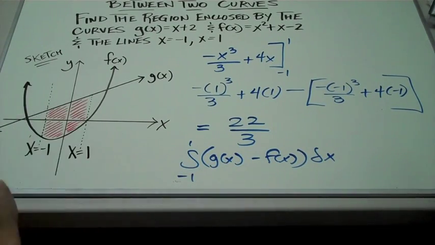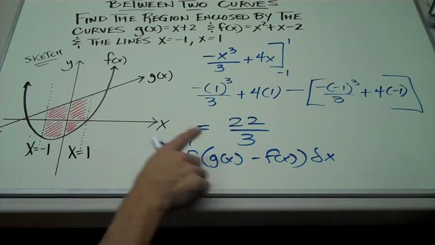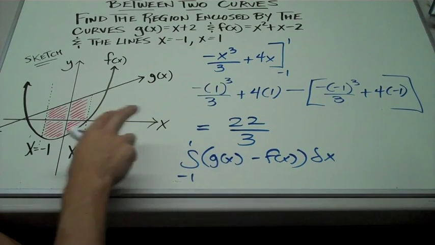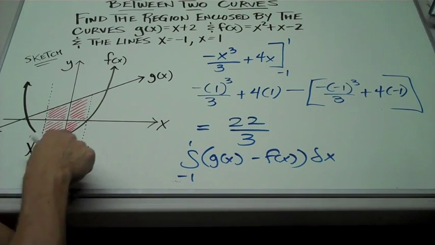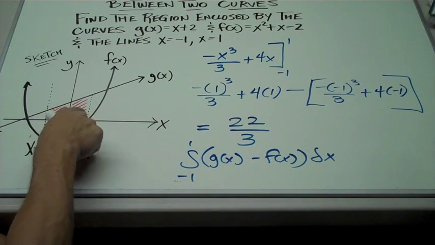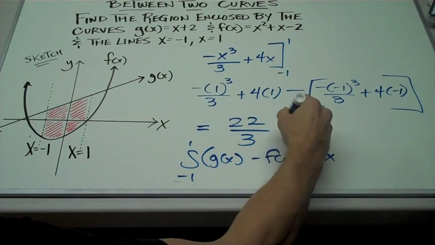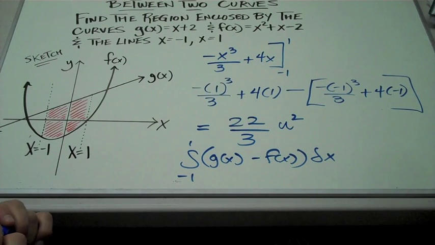It's this and this. The area of f of x is this and this. If we take the opposite of that, that will give us positive values for these that are under the x-axis. Well, if I take this and the opposite of that, that gives me 1, 2, 3, 4 little blocks together, which is the total area, which is 22 over 3. And I don't want to get sloppy. We're talking about square units.